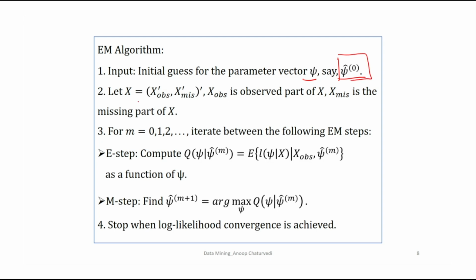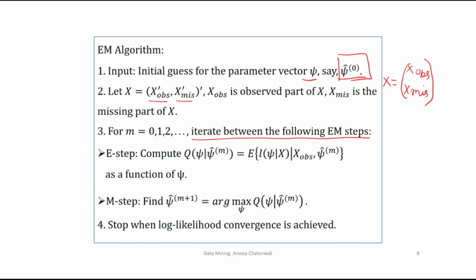Then we write x equal to (x observed transpose, x missing transpose) whole transpose. So, basically x is equal to x observed and x missing. Then for m equal to 0, 1, 2, and so on, iterate between the following EM steps.